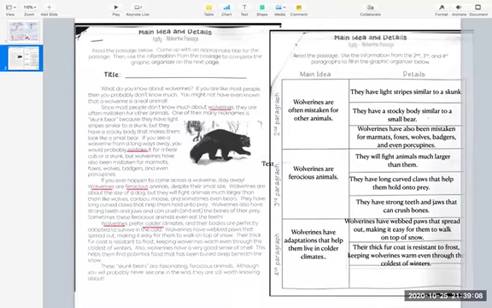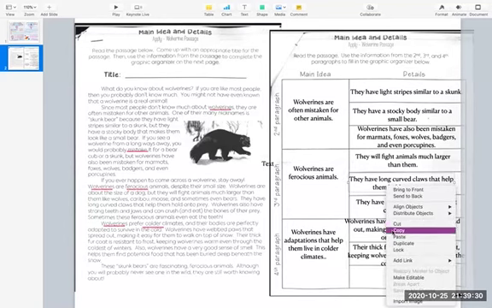So we have two details to support our main idea that wolverines have adaptations that help them live in colder climates. We need one more detail. At the bottom of paragraph 3, it says, also, wolverines have a very good sense of smell. This helps them find potential food that has been buried deep beneath the snow. We're going to have to reword that a little bit.